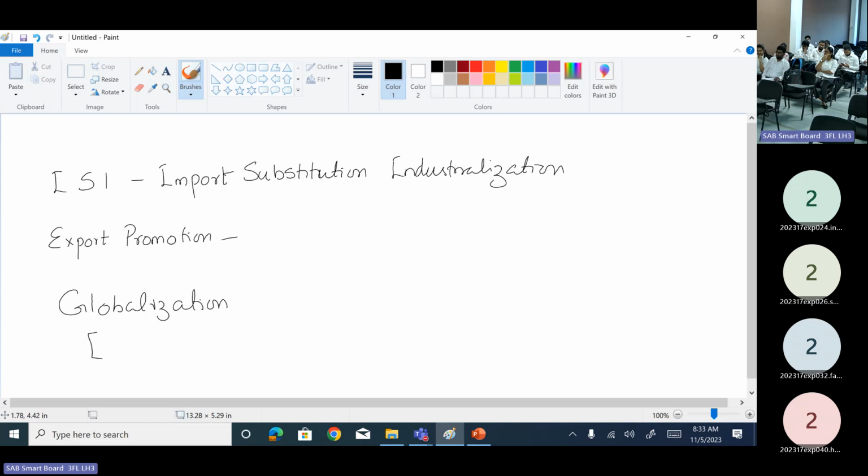This started especially as the top agenda after 1990 onwards, with the decline of the socialism system. So what are the channels? How did this globalization process go all over the world? One channel is international trade, trade rates. That is the most important channel.